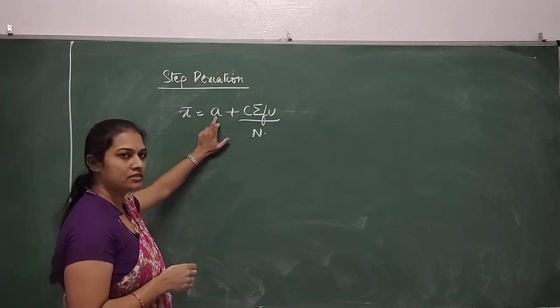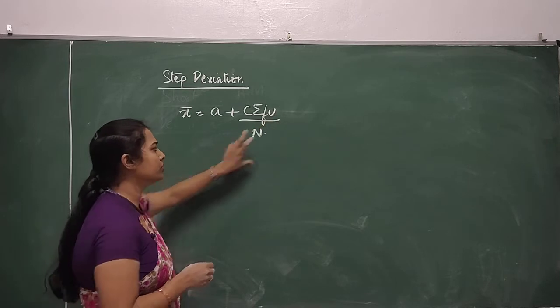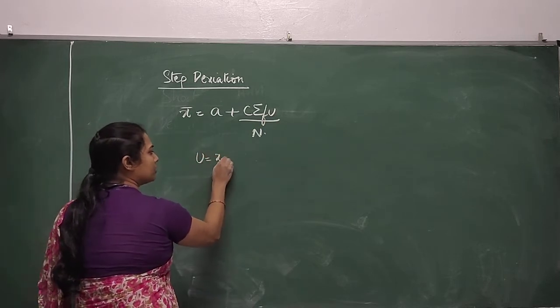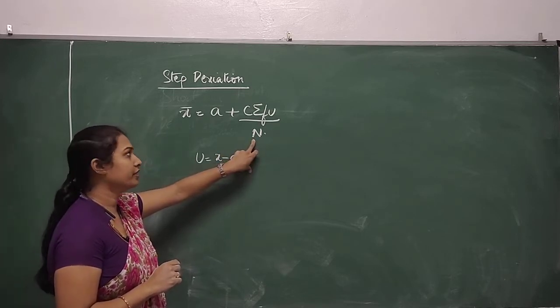Now again, what is a? Assumed mean. What is f? Frequency. What is u? Now please remember u is equal to x minus a, which is your assumed mean. What is N? The total of frequency.